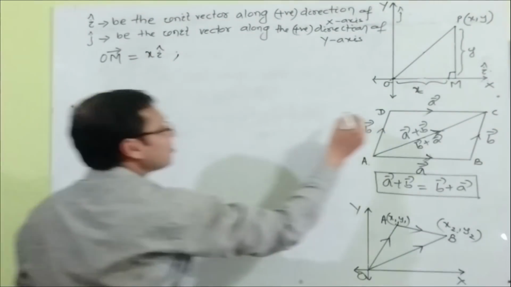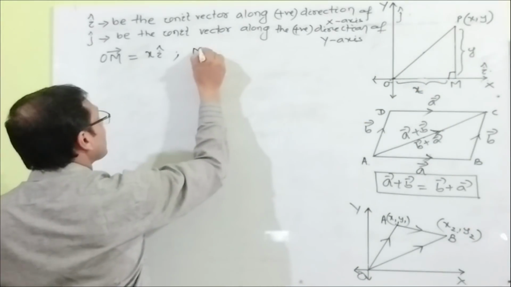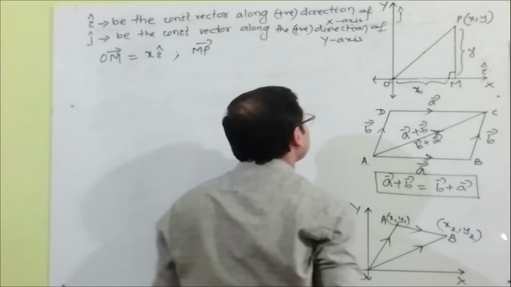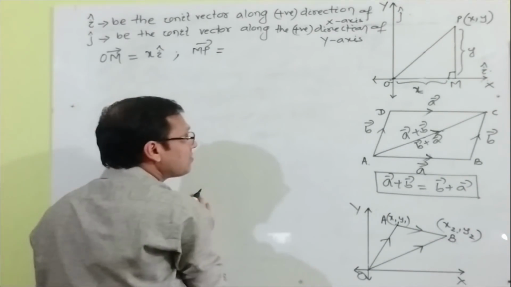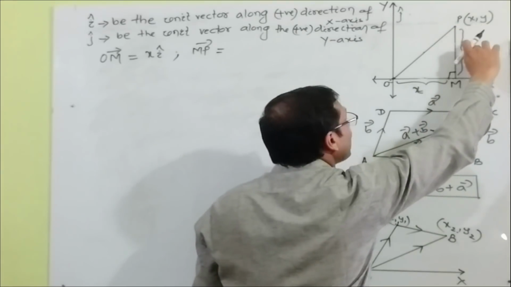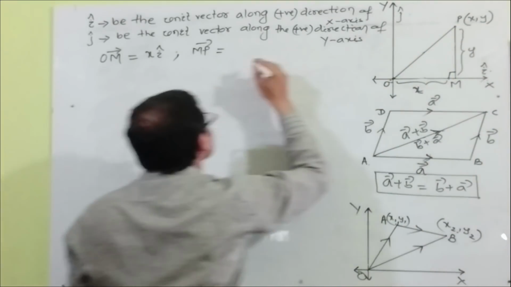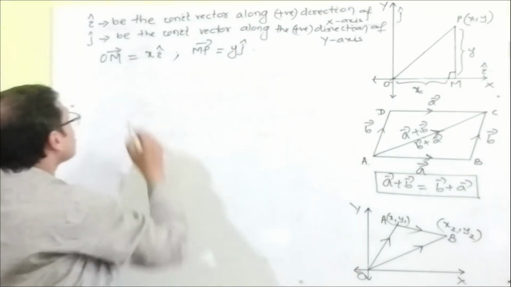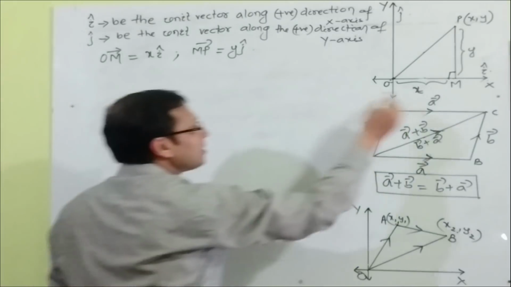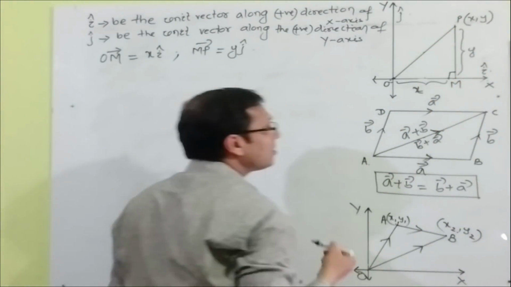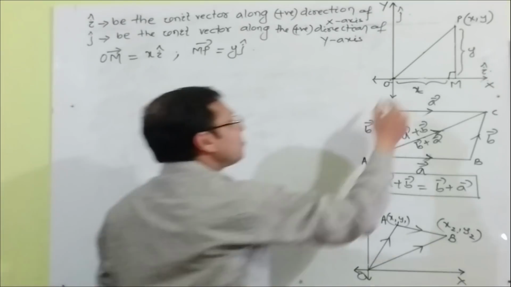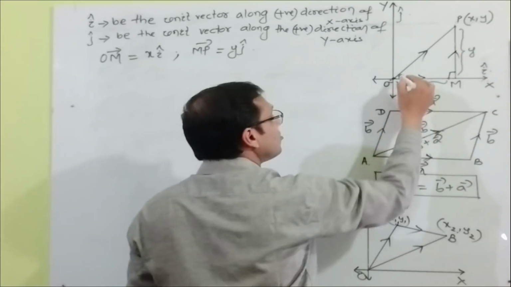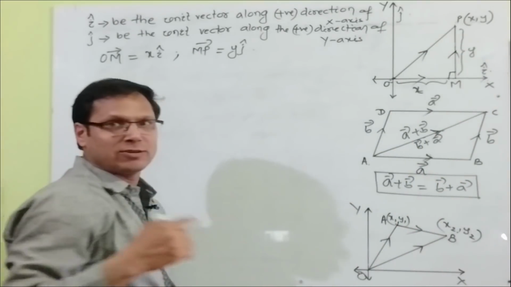Likewise, MP vector is parallel to the y-axis, so MP vector can be expressed with magnitude y and unit vector j cap, that is y j cap. Now we have to find OP. OM vector plus MP vector is equal to OP vector by the triangle addition rule, isn't it?